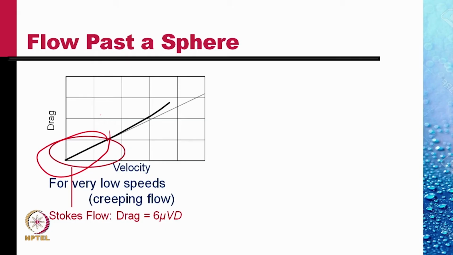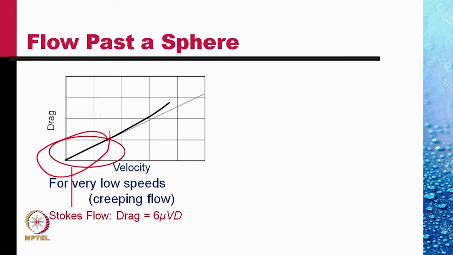The water droplets in clouds, when they are very small, of the order of micrometer size, also have very low Reynolds numbers. So it is for the very small microscopic world that we can use the Stokes formula, drag is equal to 6 mu Vd.